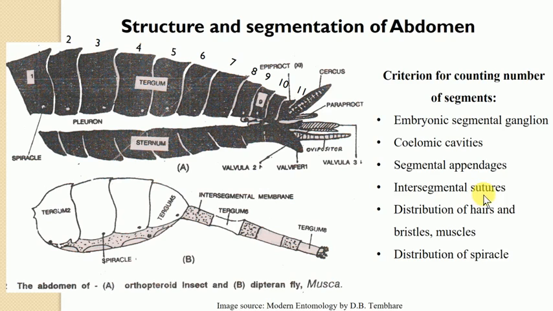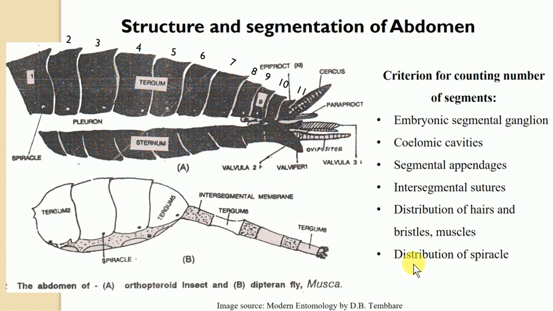Then intersegmental sutures. So how many sutures are responsible for separating the adjacent segments, their number is also considered for counting. Then the distribution of hair, bristles or muscles into the different segments of the abdomen is also studied for counting the number of segments.